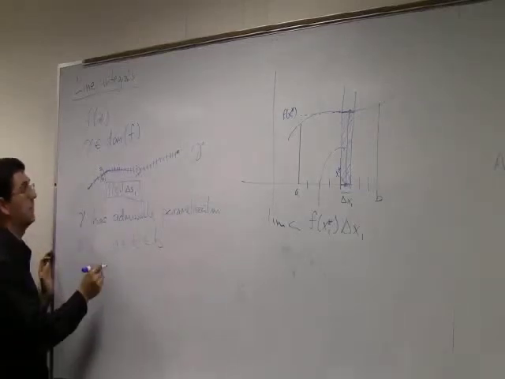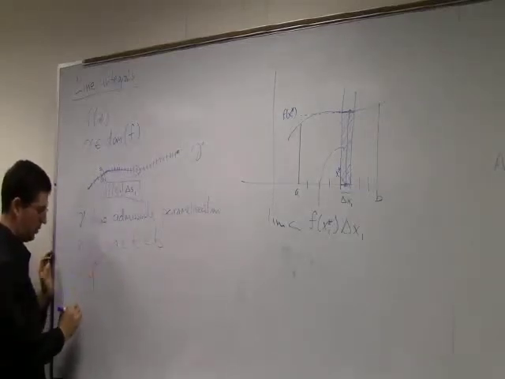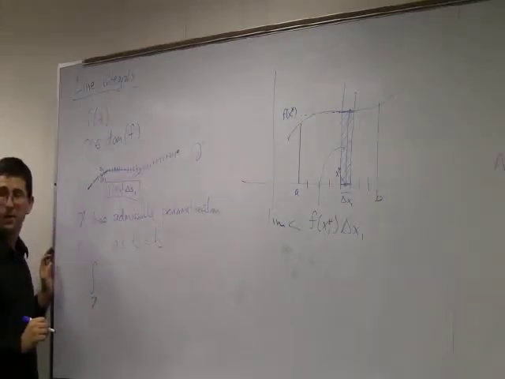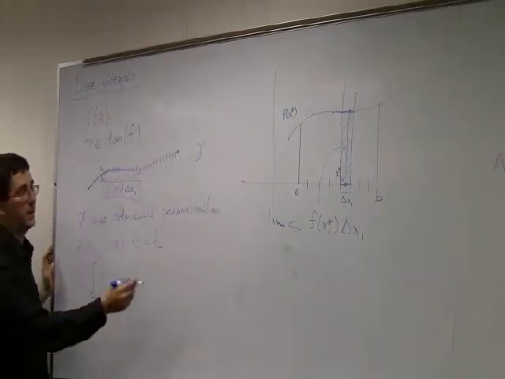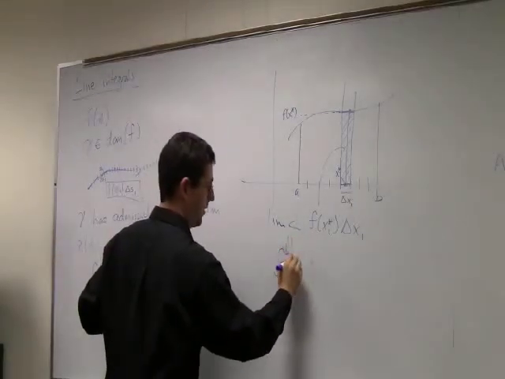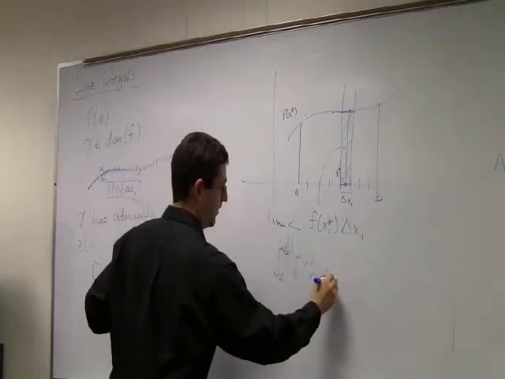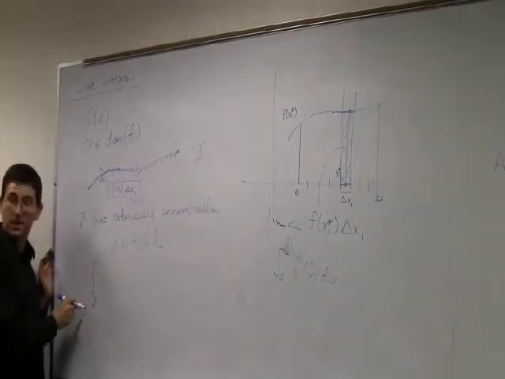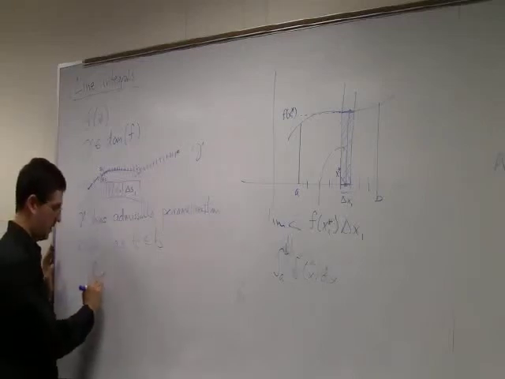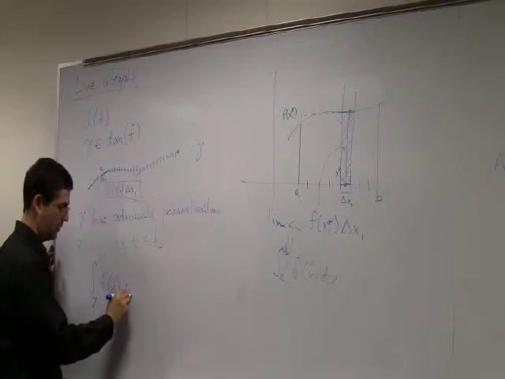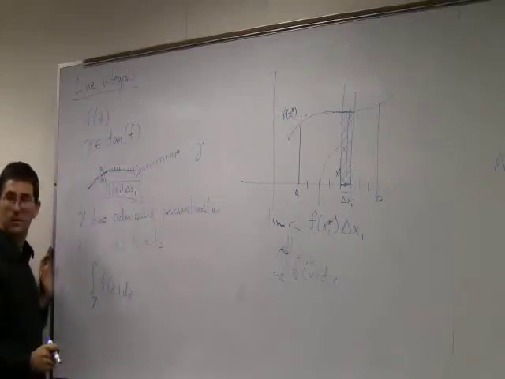So what we're going to do is write down the integral over a path gamma. Before, this was the integral from a to b of f of x dx. Here we're going to do an integral over gamma, that's like a to b, of our function f of z dz.